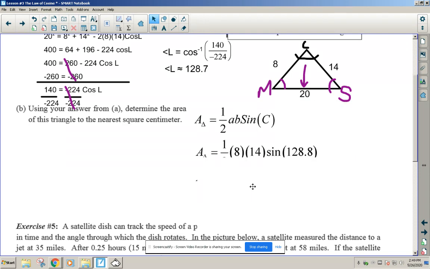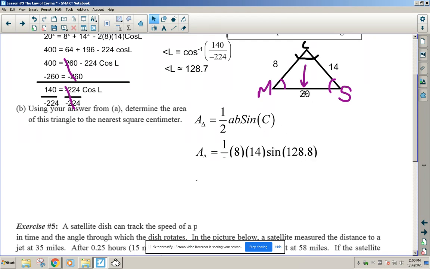Here it is. Okay, so there's my area formula. And the area is 1/2 side A, side B times the sine of C. So we know that this is 128.7, so we drop that in.